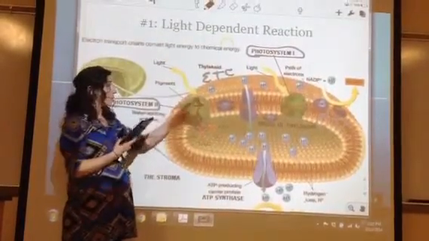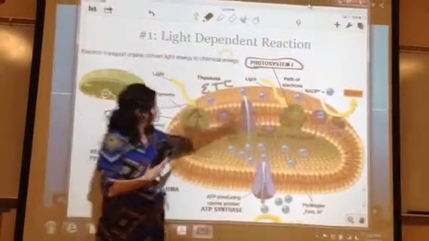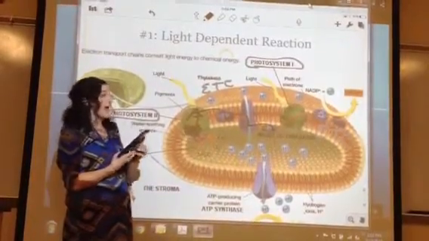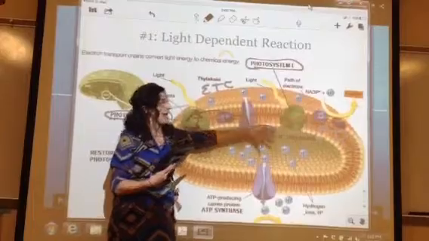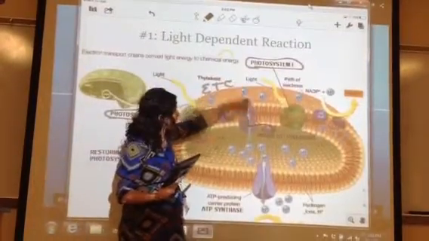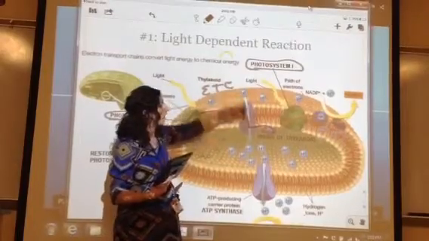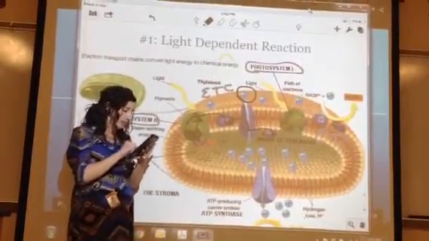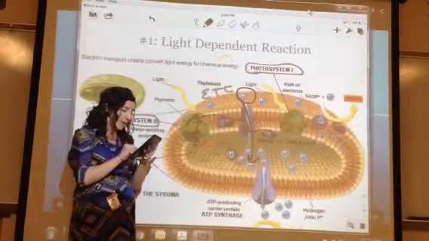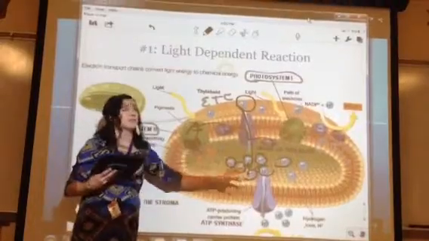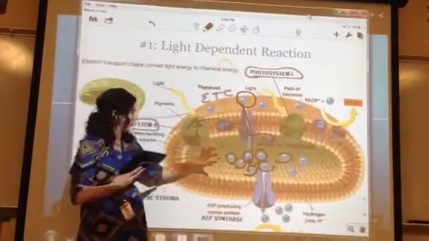And then it's going to go bloop, bloop, bloop. As the electron travels down, it gives off a little bit of energy. And the hydrogens are going to go across one by one. So my hydrogen going across. And now I've got all of these hydrogens built up inside of the thylakoid.